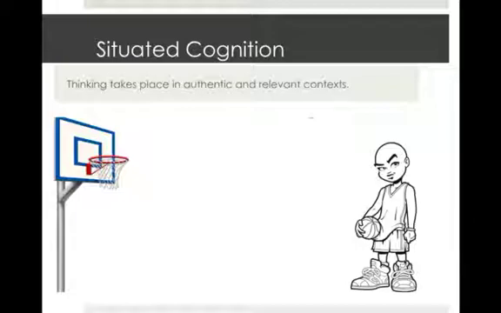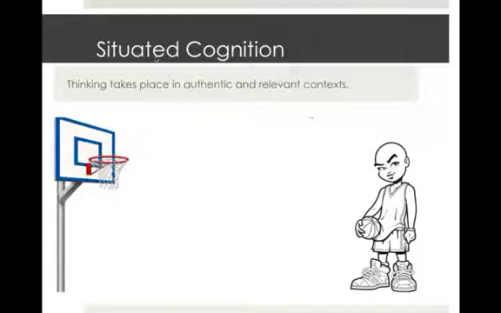This is where it's basically in the title. Cognition is thinking, situated is where do we situate our students' thinking? Thinking that takes place in authentic and relevant context. Vygotsky really felt strongly that our thinking usually is situated within our environment, within the activities that we do.